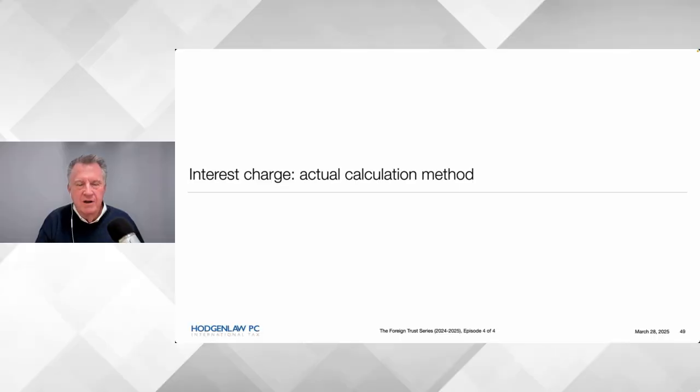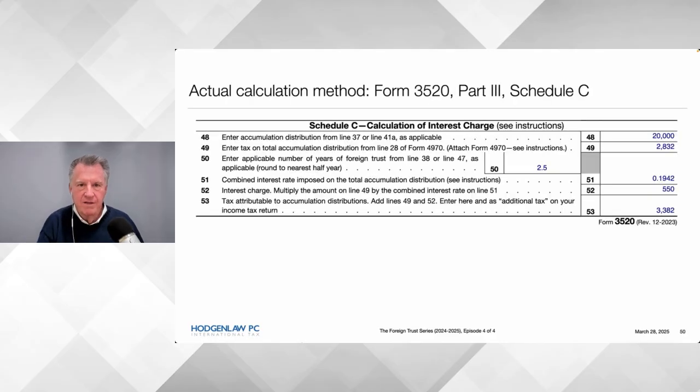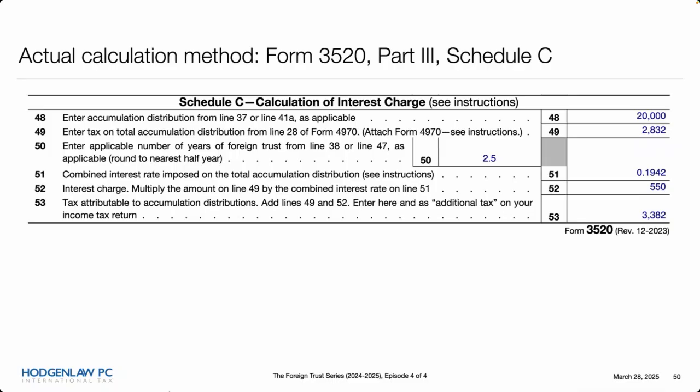Now let's compare the interest charge for the actual calculation method. Again, we go back to Schedule C, and we start with the accumulation distribution amount, 20,000, on line 48, and line 49 has the tax liability on that 20,000 from Form 4970. Line 50, again, is the accumulation period. That came from our division of the weighted UNI aggregate divided by aggregate UNI, 2.5.